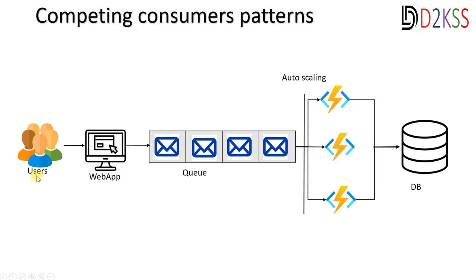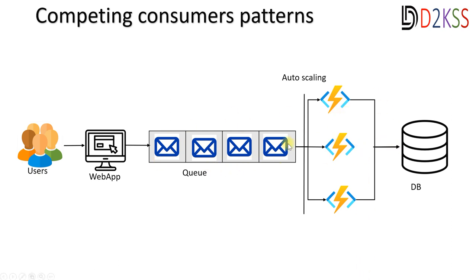When the user accesses the data through the web app, they will write the data into the queue. We are auto scaling the Azure Functions, so the latency will be very low and we will get high performance, because these Azure Functions will pick those messages in parallel.